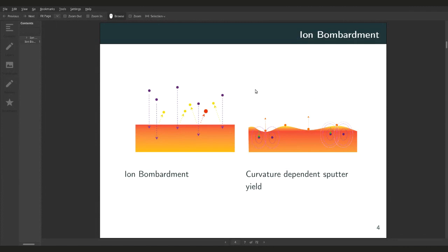You can imagine if an ion hits the surface and you have some topography, peaks and troughs, if it hits in a trough, more of the power is going to be transferred at the bottom of this trough. So atoms are more likely to fly off in a trough than when an ion hits the peak. Less energy is transferred, and so your atoms are less likely to fly off.